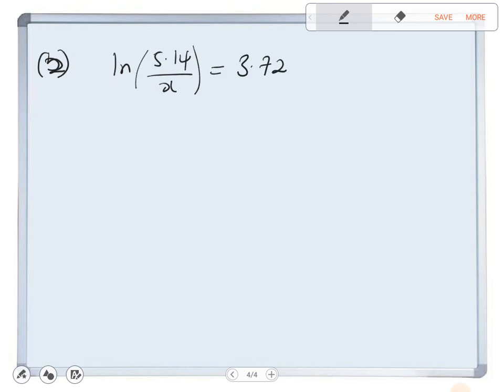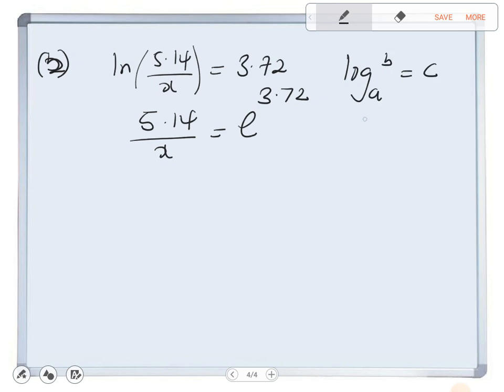All right, from the normal definition of a logarithm, this is just the same as 5.14 over x equal to e to the power 3.72, because ln goes to the natural exponential e, and this one becomes the power. We know that when log base a of b is equal to c, then b equals a to the power c. This is what we've done here.